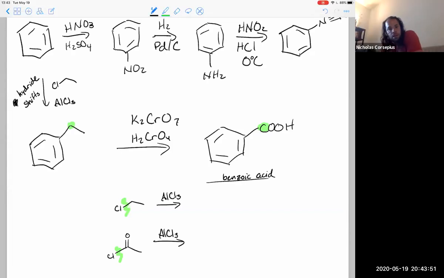Yeah, to be honest, our book doesn't, but I do know that you kind of lump these chromium oxidizers together. The chromium-based oxidizers are strong oxidizers. Yeah, to be honest, that sucks. I wish it was consistent, but I would lump those two together in your mind.